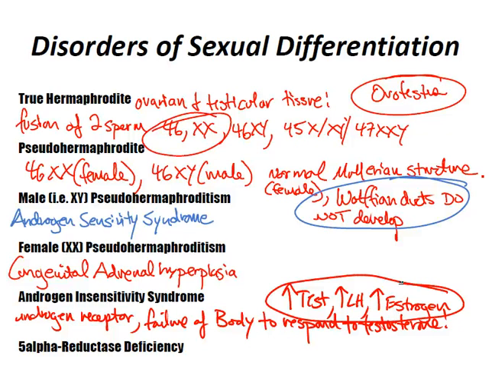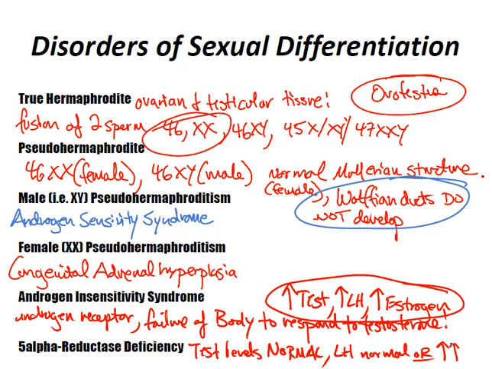Their testosterone and estrogen levels are normal, but the luteinizing hormone can be normal as well or increased. That throws a lot of people. Their testosterone levels are normal, and their LH can be either normal or increased. So that's 5-alpha reductase deficiency for you.